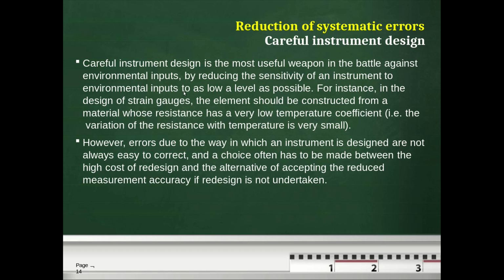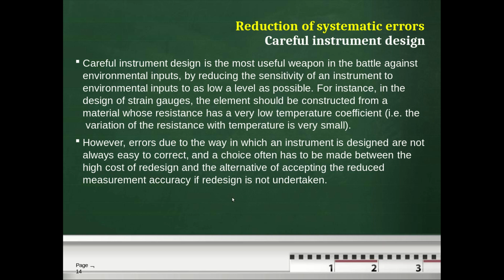So it should be designed from a material with a very low resistance temperature coefficient. However, this makes a trade-off between the high cost of redesign. If you design an instrument with such material, it will be a high cost, and the alternative is accepting the reduced measurement accuracy.